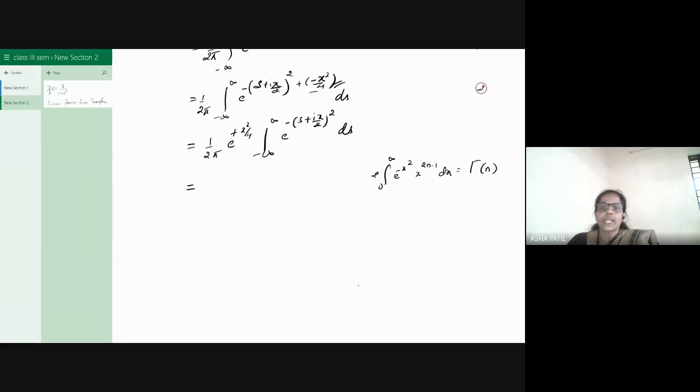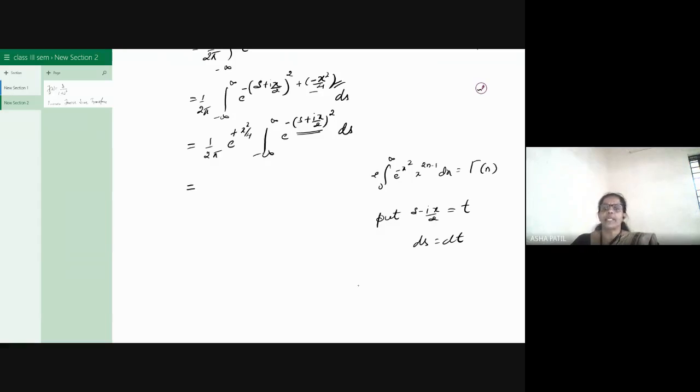Well, try to write this in that form. e raised to minus, we have some term here, so let us substitute it as t. For that sake, put s minus ix by 2 is equal to t. So ds is equal to dt.